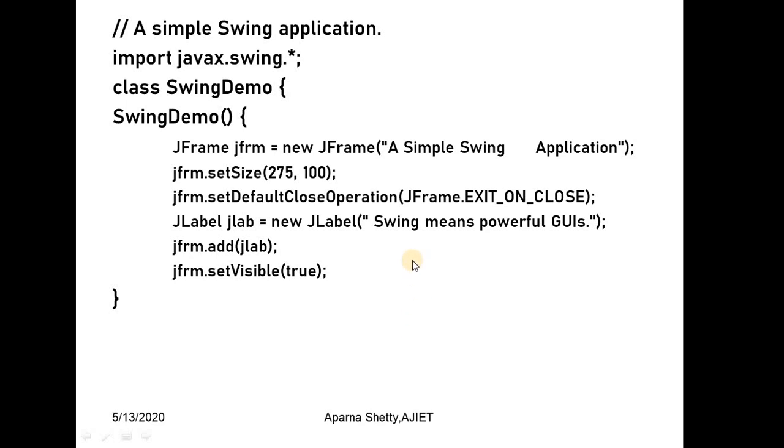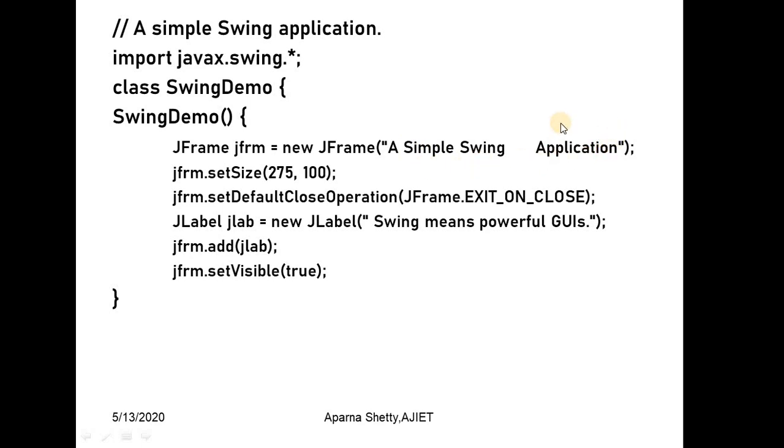Let us see one more example of how to create a Swing application. So import javax.swing.*. The class name is SwingDemo. Inside the SwingDemo constructor, I'm going to create a new frame. The object is a JFrame, and that frame will have the text "A Simple Swing Application".